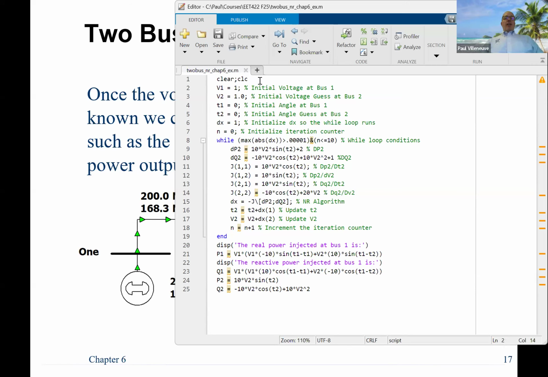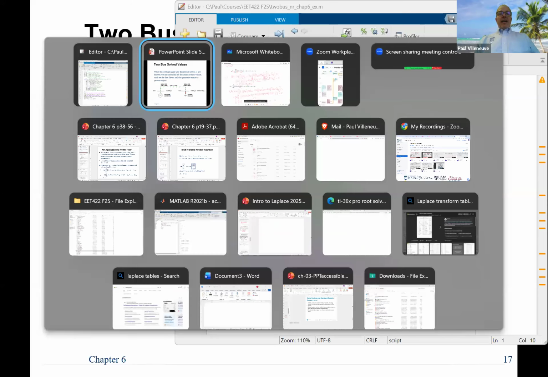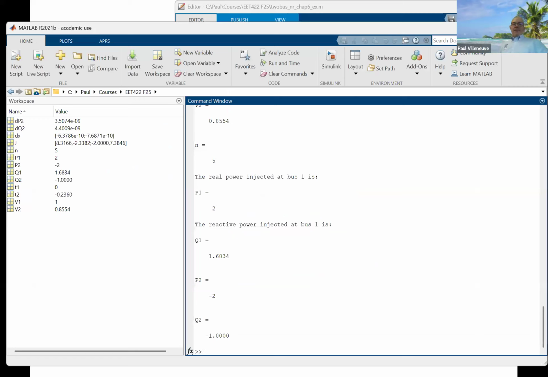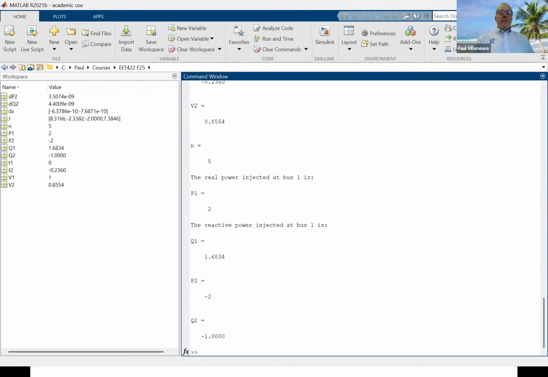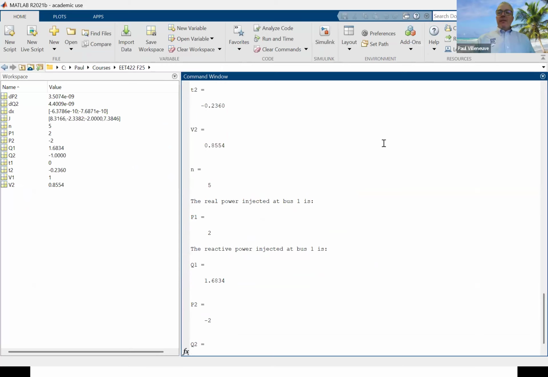Clear CLC. Remember, why did I put that in there? Nothing up my sleeves, right? No tricks in MATLAB, nothing fancy. This clears out everything. Gonna run it. Go over to MATLAB. And after 5 iterations, I can see that I'm going to make it a little bit bigger because, whoops, why is it going up?